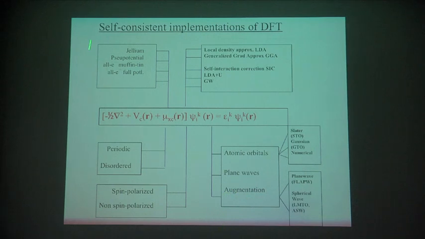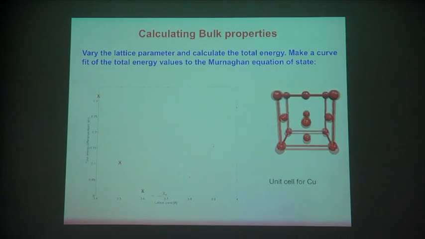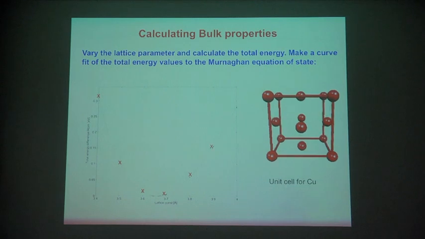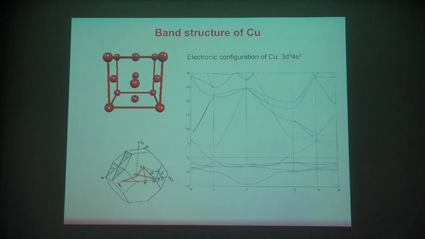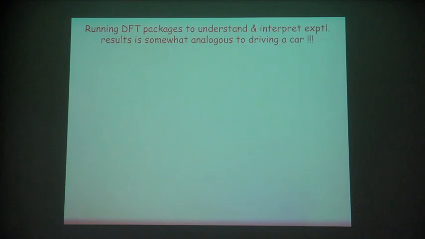So you see, this is in one shot the entire picture of DFT. And I had some test cases of how to calculate the bulk properties of a material. Those of you who are interested, you can come to me.